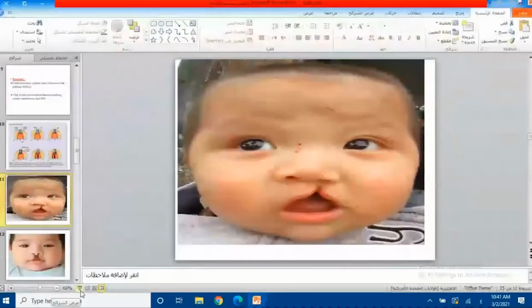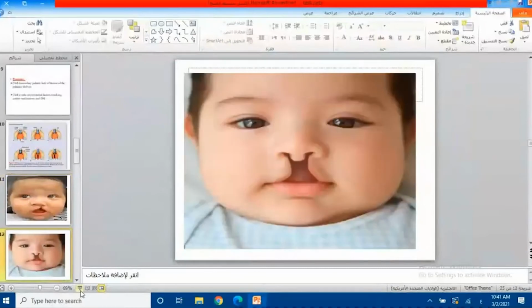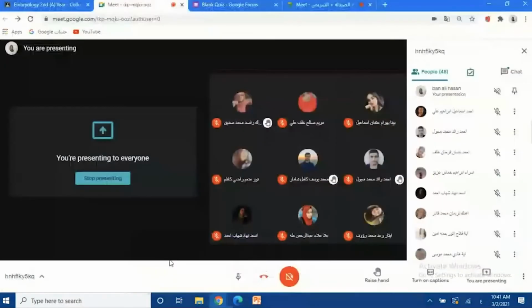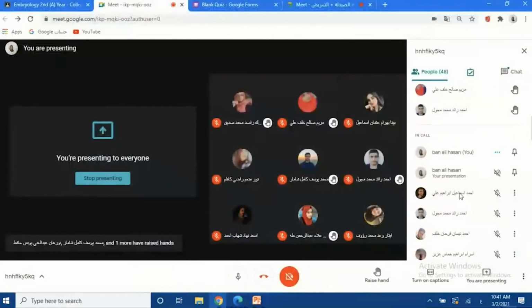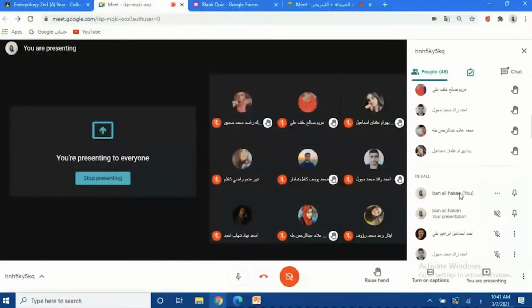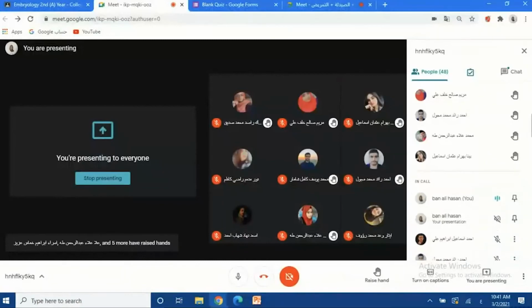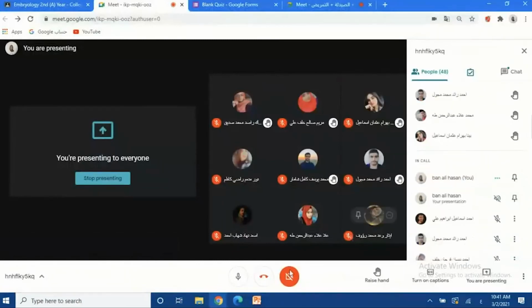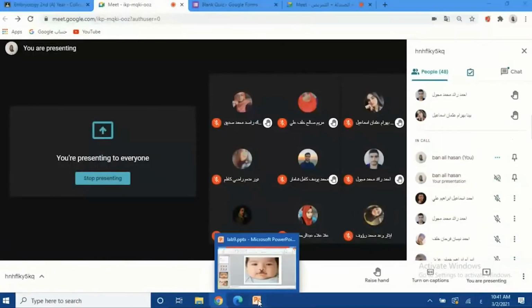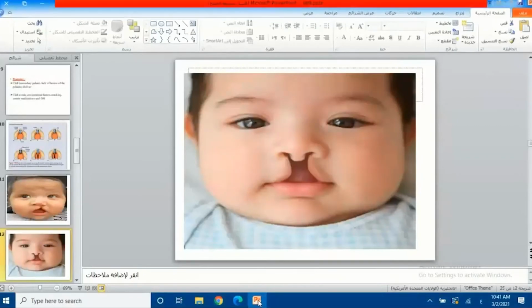Okay, let me see. What about this one? Let me see who's raising a hand. Mohammed Alaa. Yes, doctor. Bilateral cleft upper lip and nose.